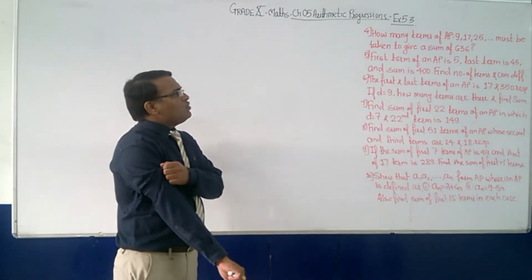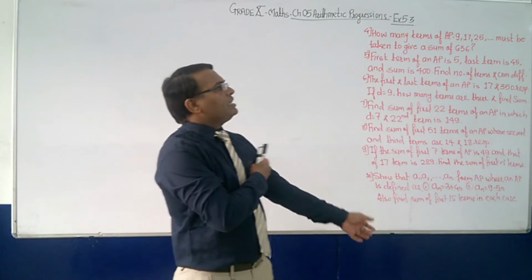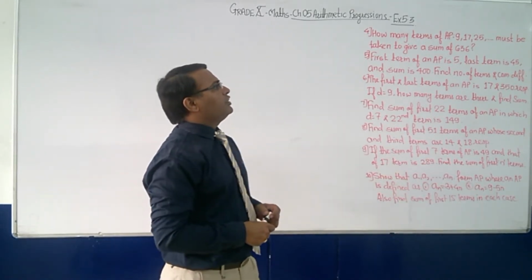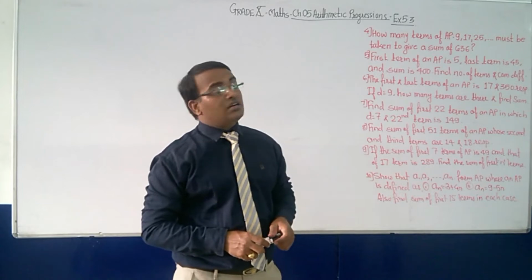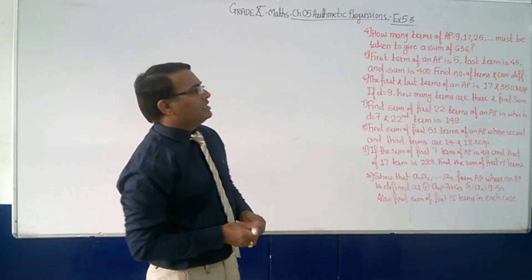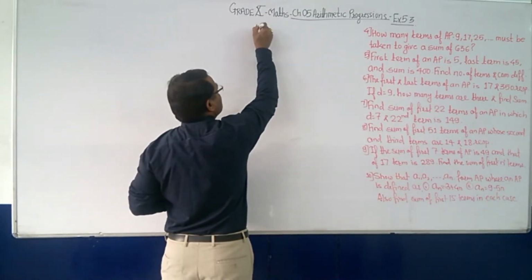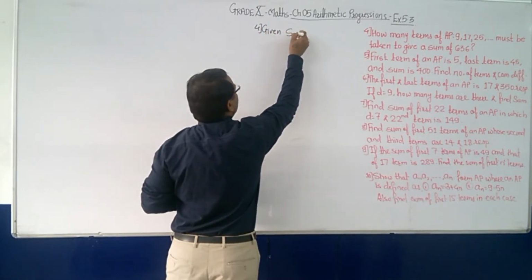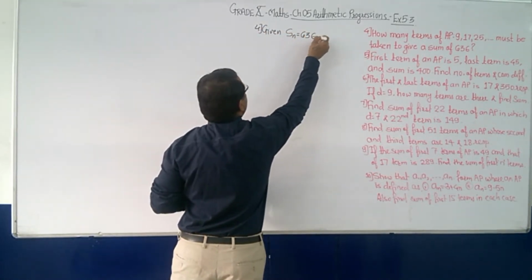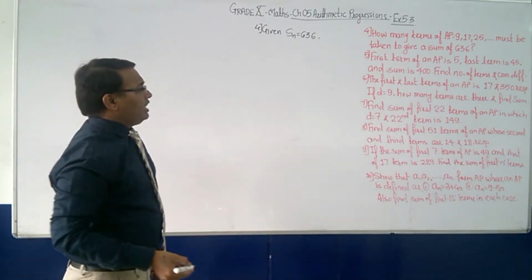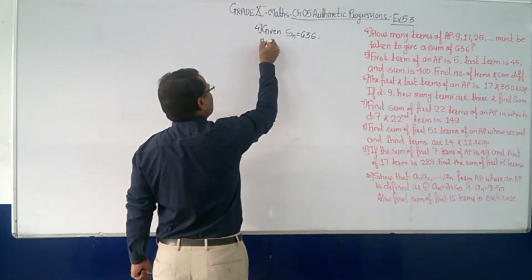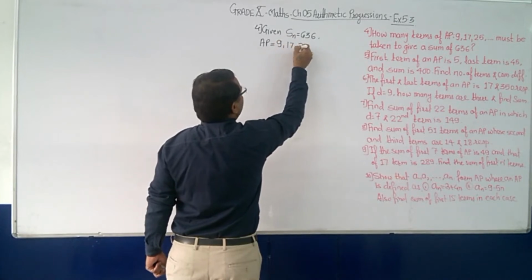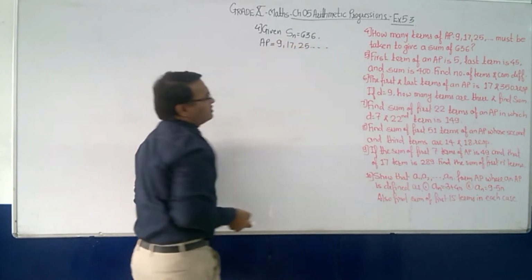The sum is: how many terms of an AP 9, 17, 25 and so on must be taken to give a sum of 636. So let's formulate the sum. What is given? Sn is given, that is 636. Then the AP is also given: 9, 17, 25 and so on.